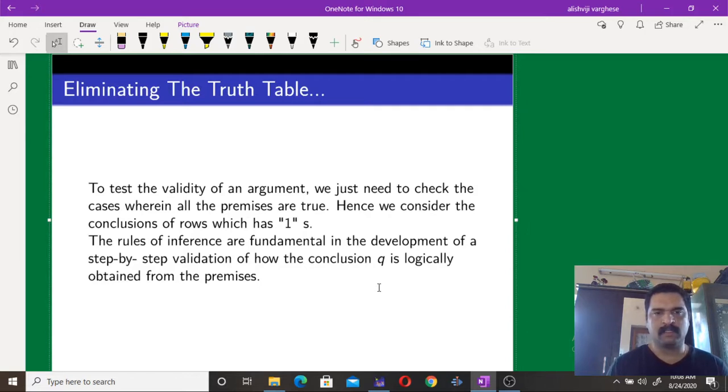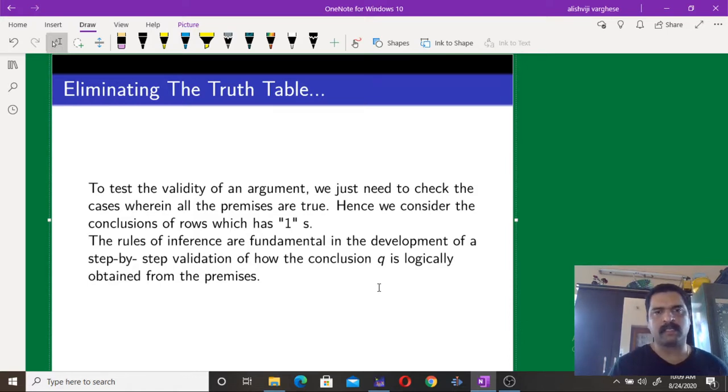So using the rules of implication and equivalence, we can develop a procedure for a step-by-step validation process, by which we check how the conclusion Q is obtained from the premises.